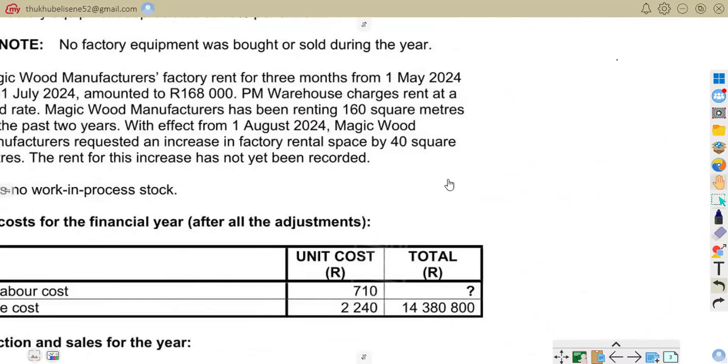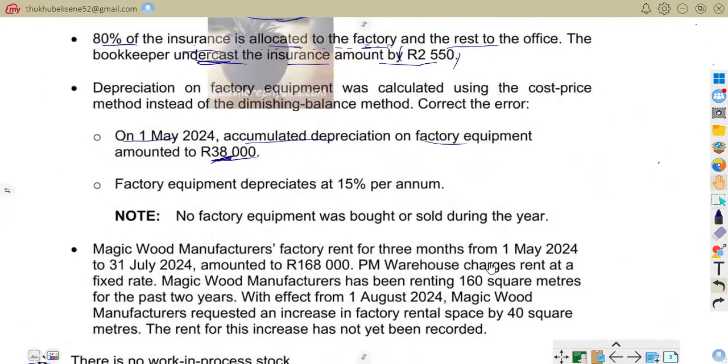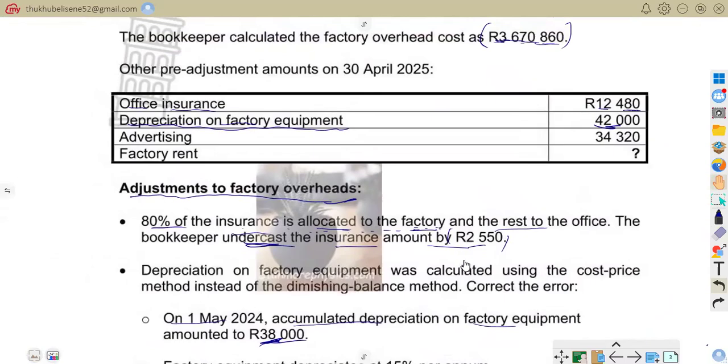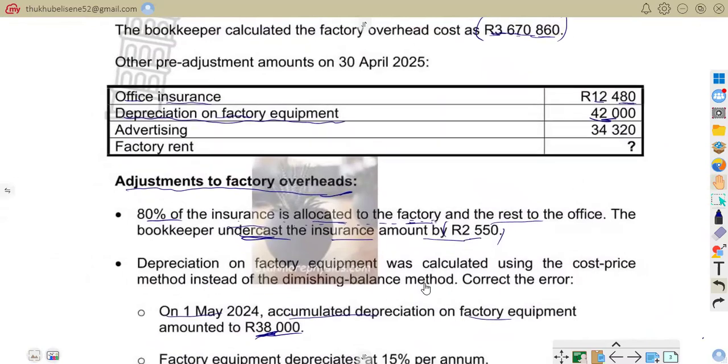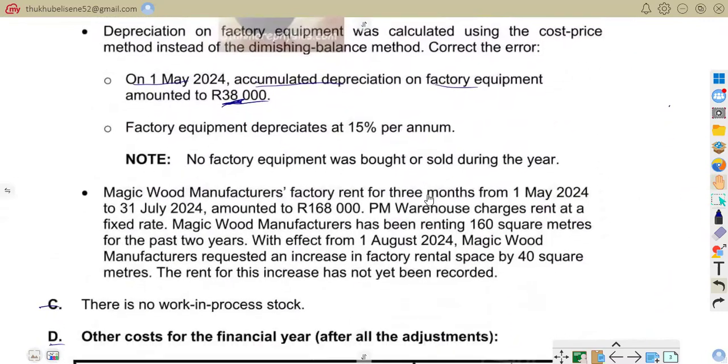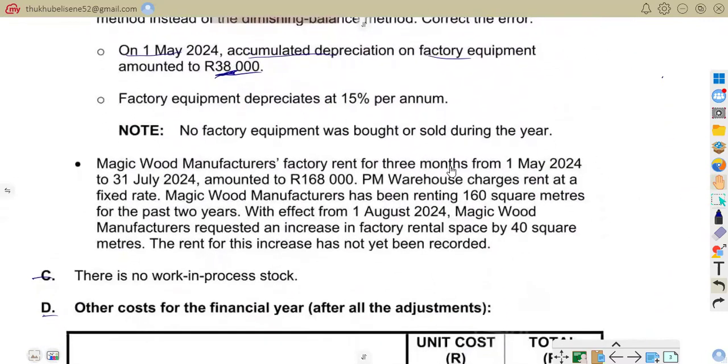So now let us be on factory rent under our factory overhead cost. Here we are on our factory rent.